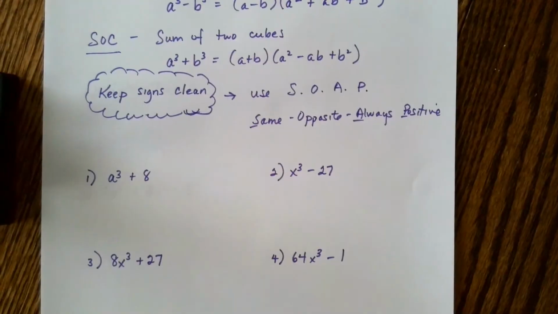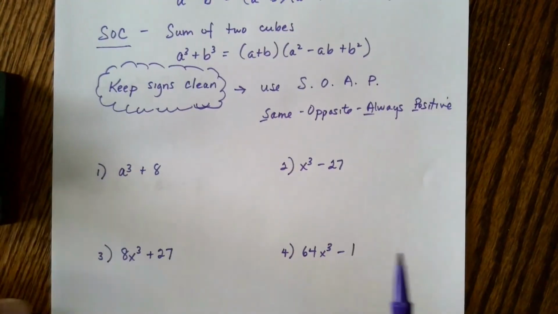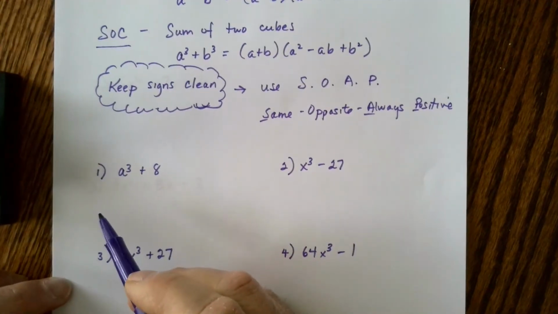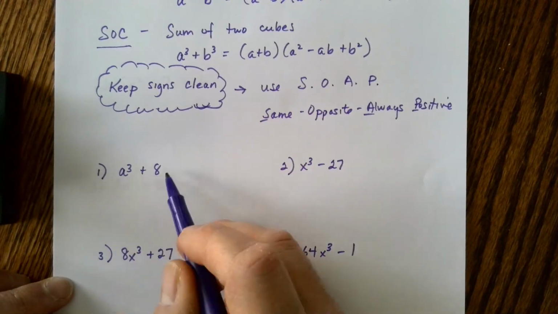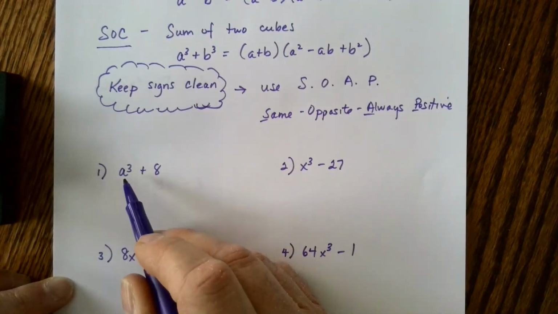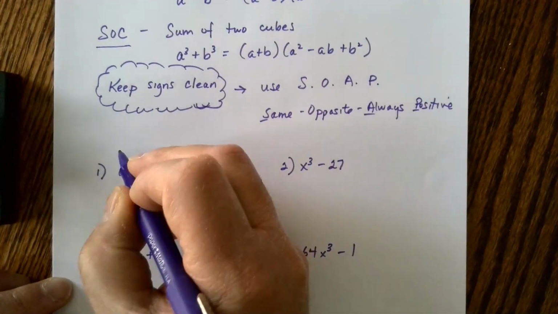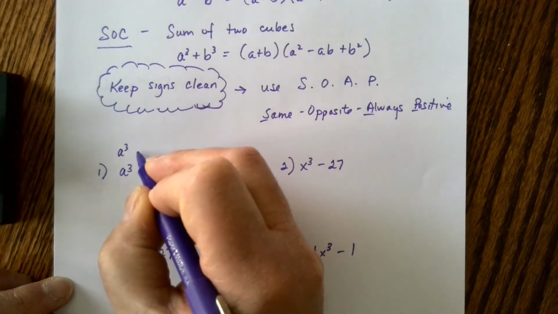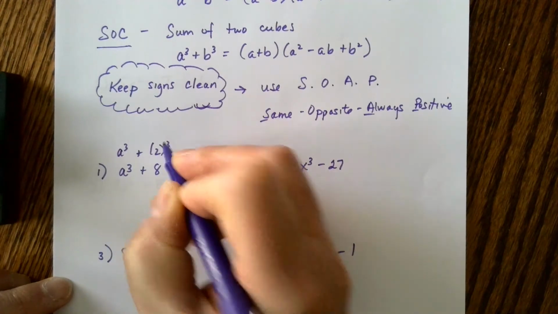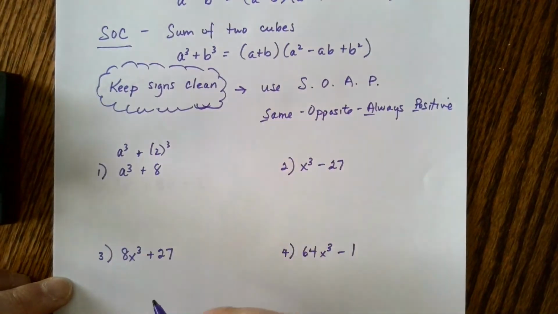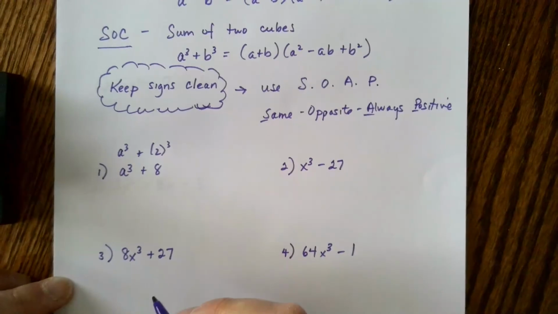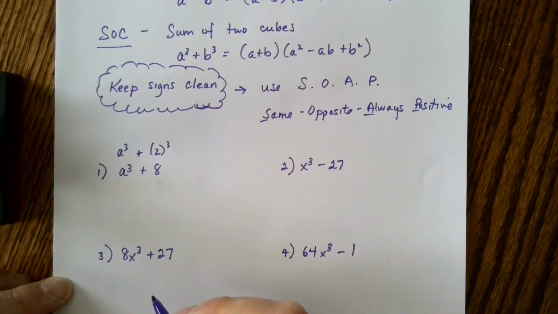So we end up with a to the third plus 8. A to the third is in fact a perfect cube, and 8 is also a perfect cube. I'm going to rewrite this as 2 to the third power so you can see that the perfect cube for 8 is 2 to the third power.